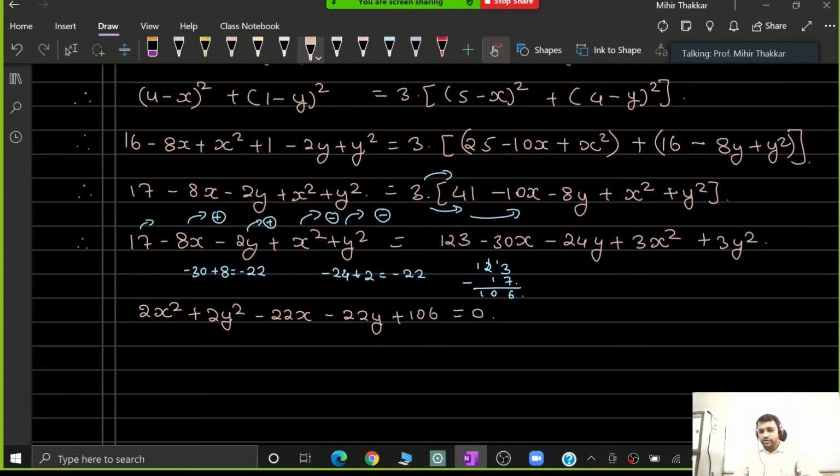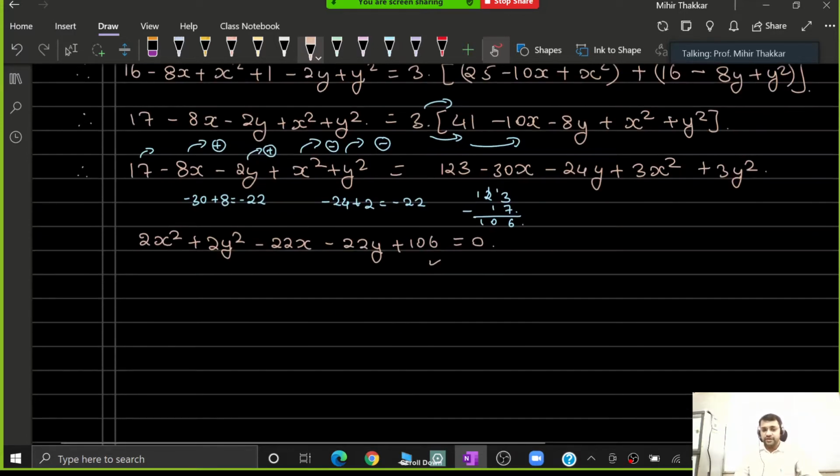I can observe that all these numbers, or the coefficients of the variables x, y, x square, y square as well as the constant, are divisible by 2. So I will write, divide throughout by 2.